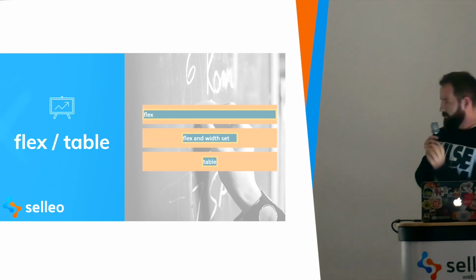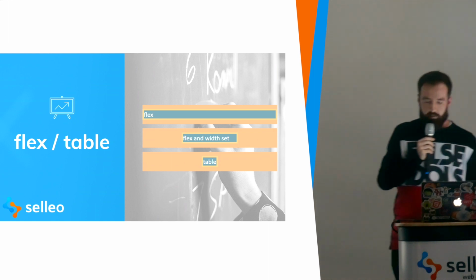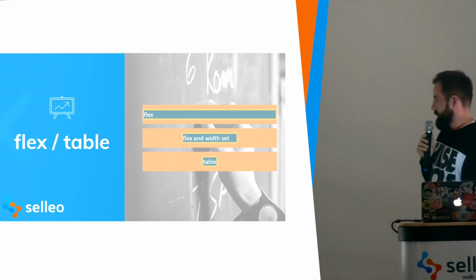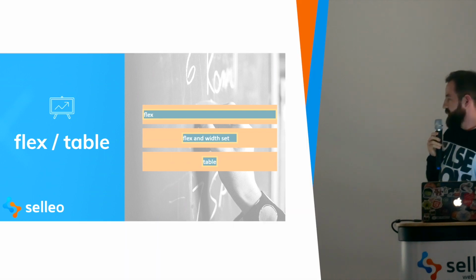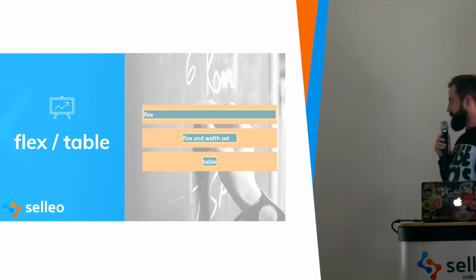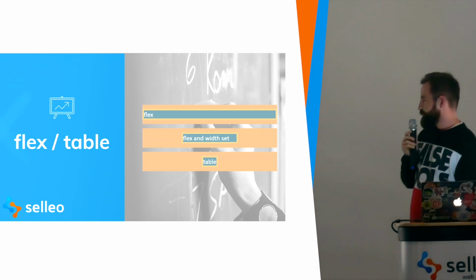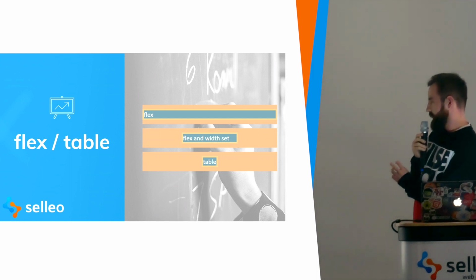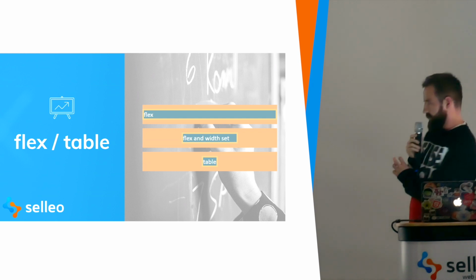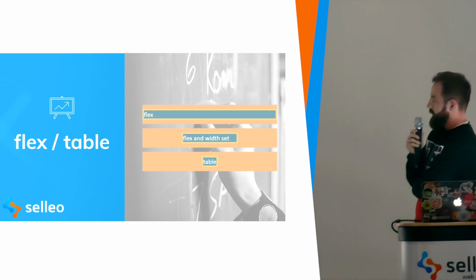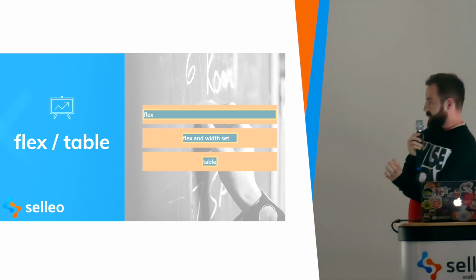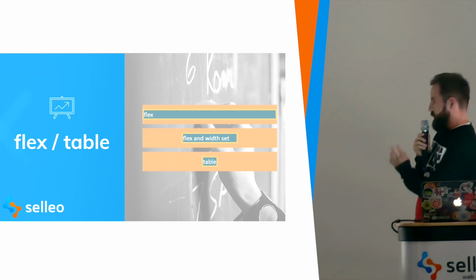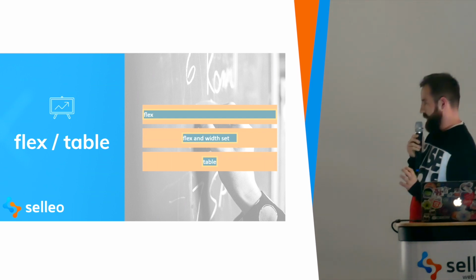In table, it's kind of weird for me. We do not use tables very commonly, but by default it tries to set its width to the minimum to match the content. So it's enough to set margin zero auto without anything else to center a table element.